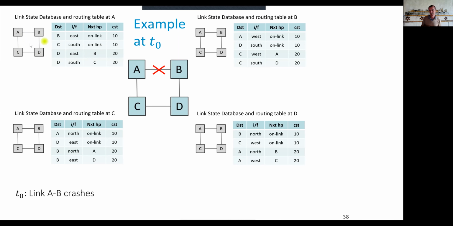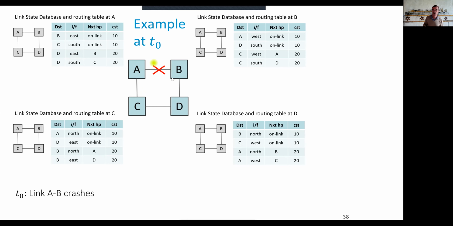Of course, it exists not in the form of a graph but a textual representation, but here I show the same graph. The same topology database is present in the 4 nodes, and every node has run Dijkstra and obtained this routing table. For example, A, in order to send a packet to D, has 2 equal cost paths that go to the east or the south interface.